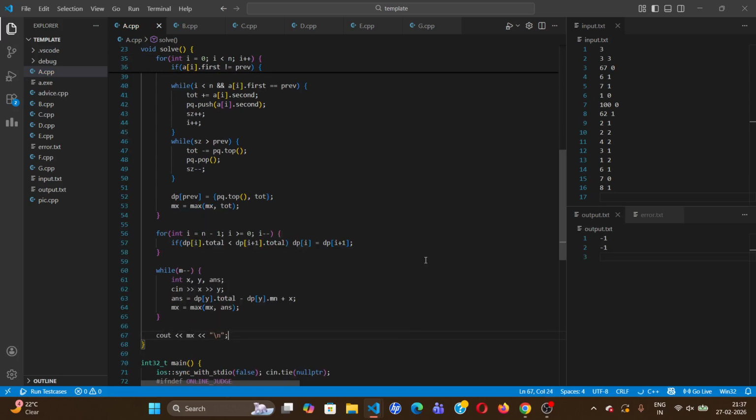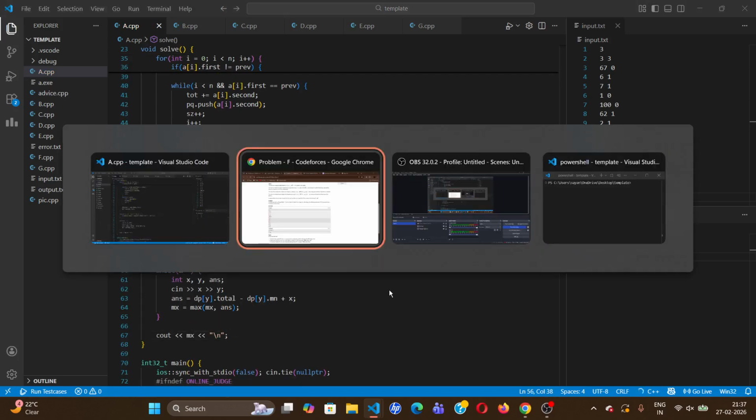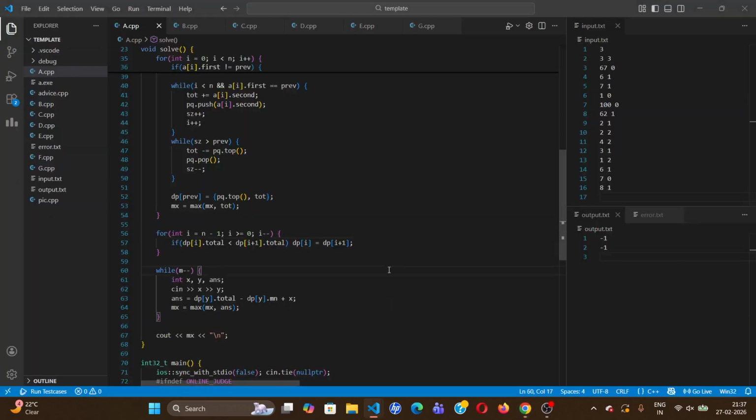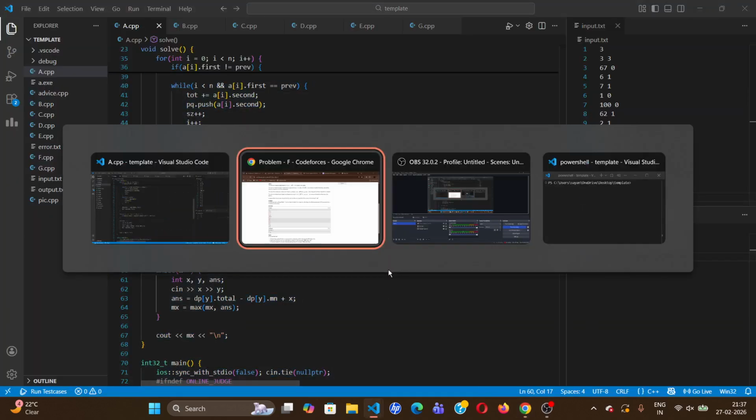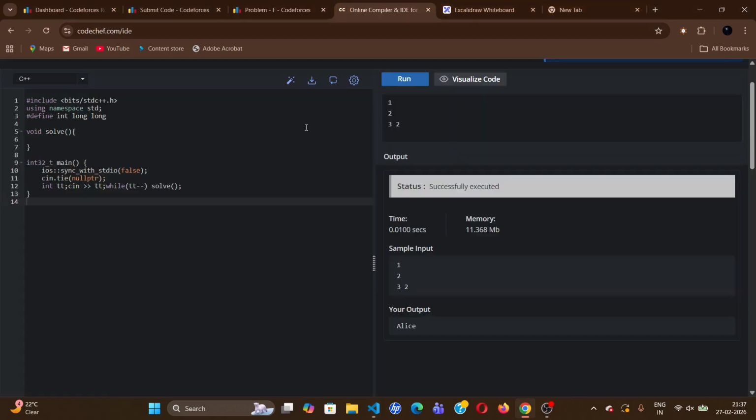Answer is like taking this value and checking the maximum possible score.